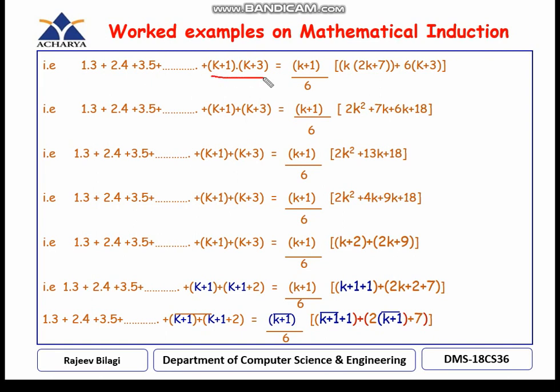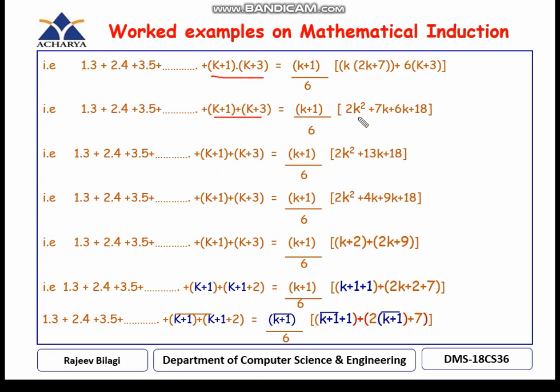So plus k plus 1 into k plus 3 is equal to k plus 1 divided by 6 and k into bracket 2k plus 7 plus 6k plus 3. Okay. So now with this I can write it as k plus 1 divided by 6.